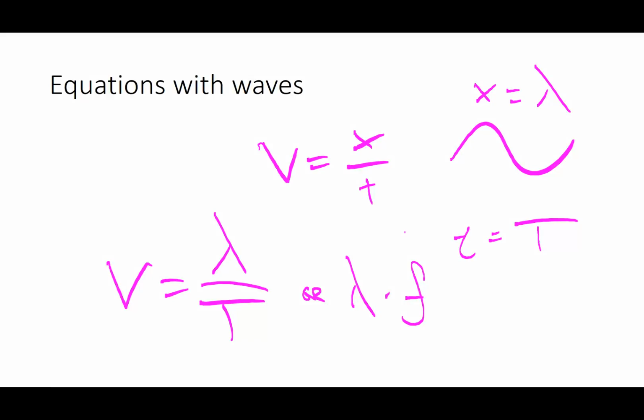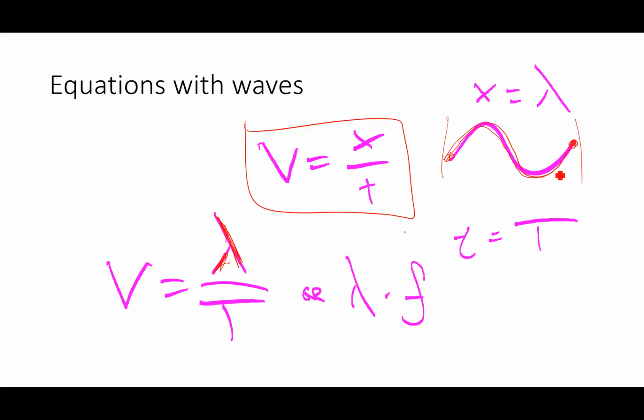Equations with waves. Alright, so waves are fairly simple. If we think back to what we learned in terms of the first equation, velocity equals the change in distance divided by the change in time. Well, wavelength, lambda over here, is a distance. So if I start in this position and the wave goes one full wavelength, I have a distance equal to that movement. And we also know that the period is the time to do one full oscillation.